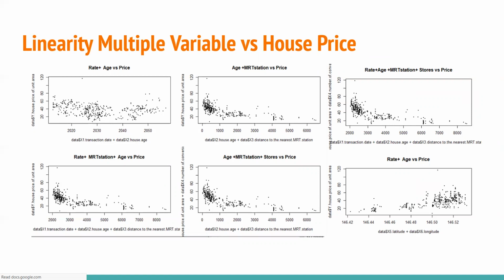We found that the multiple regression model with transaction rate, house age, MRT station, and convenience stores yielded the highest R square value, which means that those are all the factors that people consider when buying a home. Therefore, the price of the houses went up when a house has all these variables taken into account.